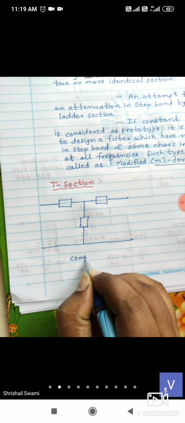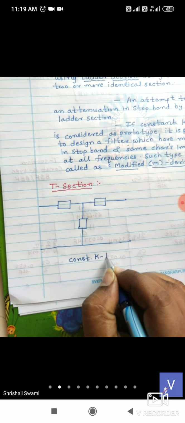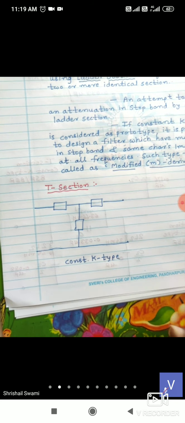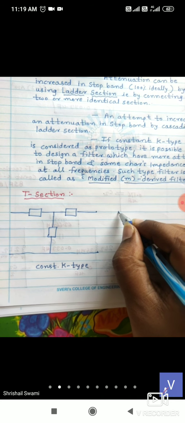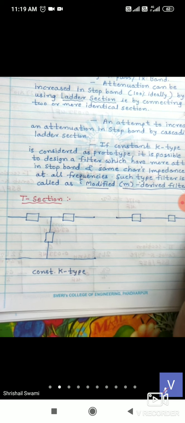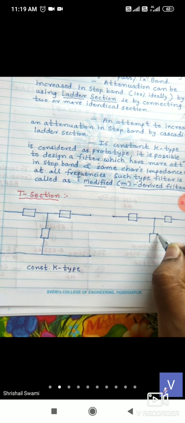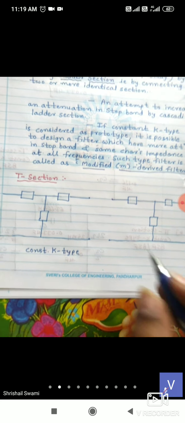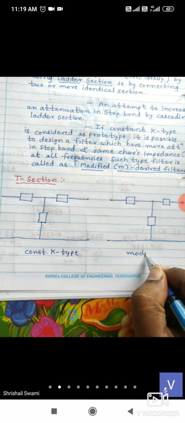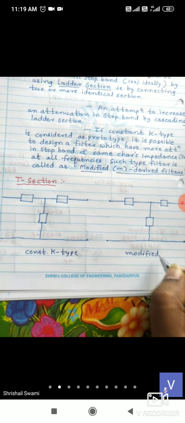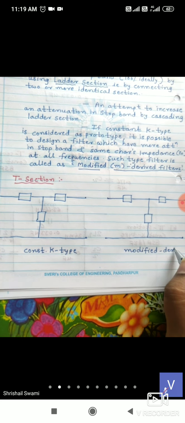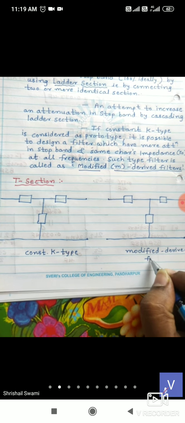This is the constant K type T section, and this will be the modified or M derived filter. You can write M derived filter.